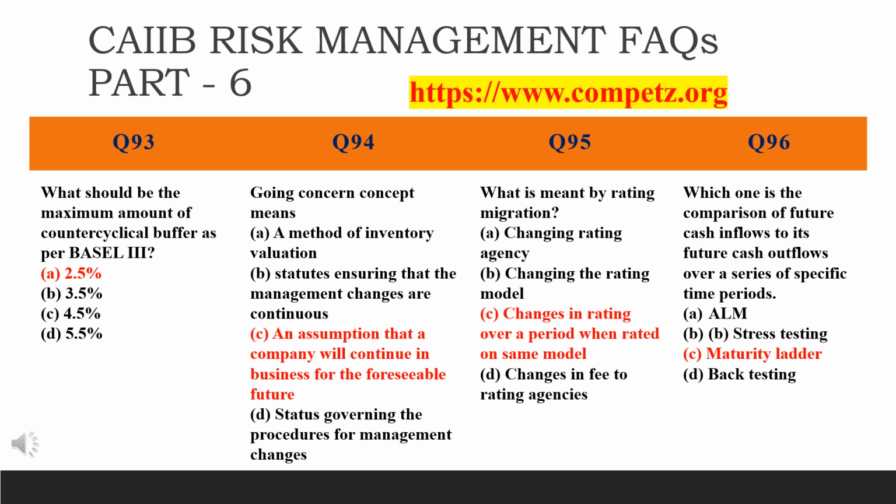Okay, then comes the next question. What is meant by rating migration? There are 4 options given: changing the rating agency; second, changing the rating model; third, changes in rating over a period when rated on the same model; and the fourth option, changes in fee to rating agencies.